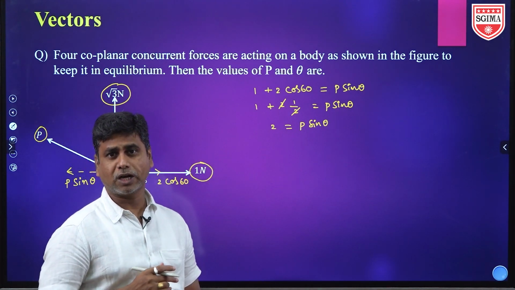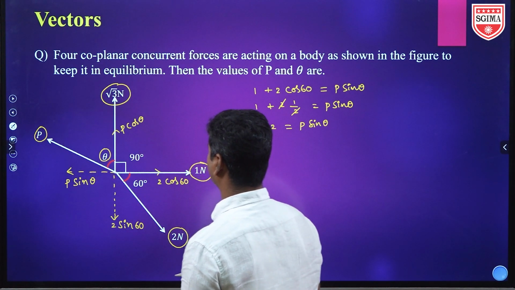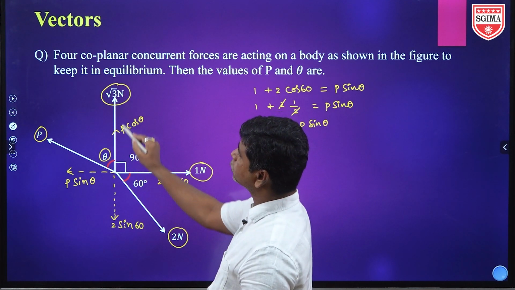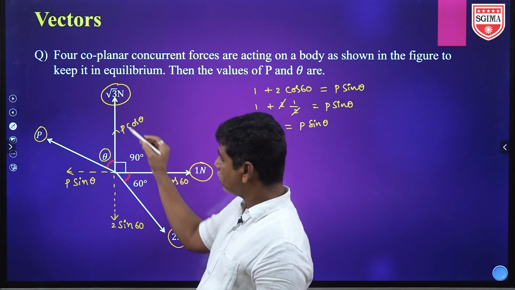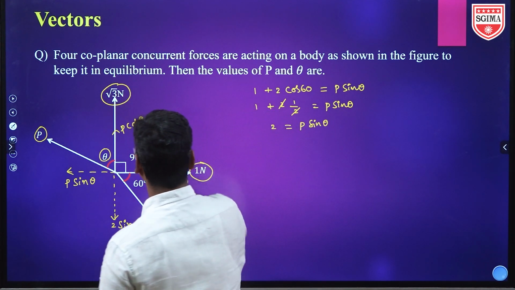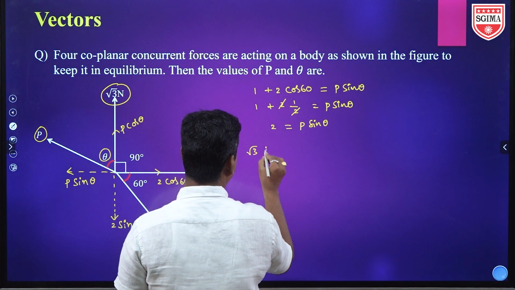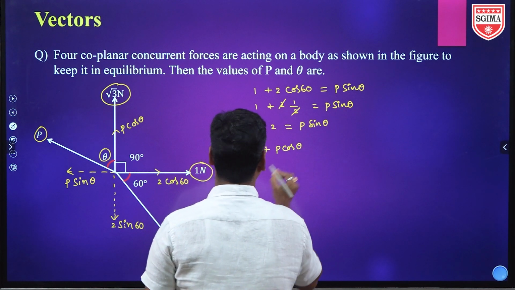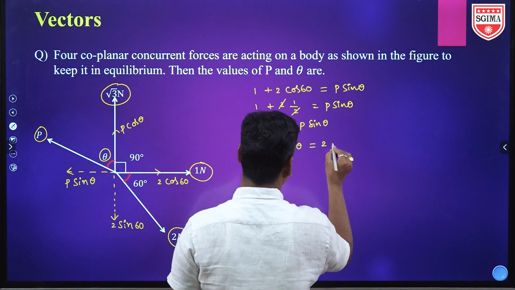Here P is an unknown value and theta is also an unknown value. Next, along the y direction we get one more equation. The upward force equals the downward force, that is, the sum of the forces acting in the positive y direction equals the sum of the forces in the negative y direction. In the positive y direction the force is root 3 plus P cos theta. In the downward direction we take 2 sin 60.